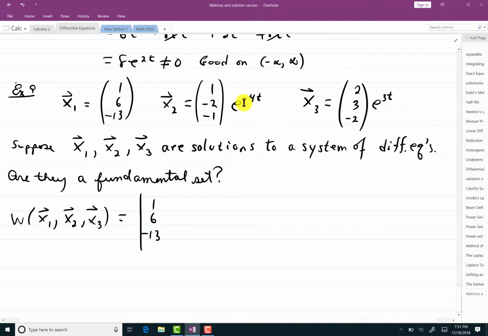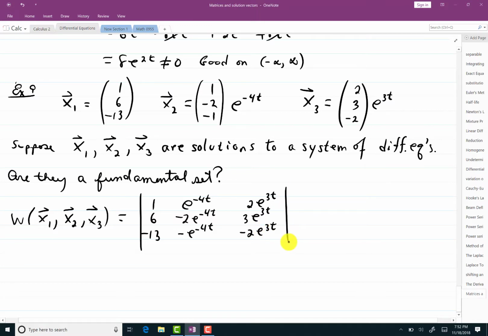Second column is not as nice because I got this e to the negative 4t attached. So I have e to the negative 4t, minus 2e to the negative 4t, minus e to the negative 4t. And then for the last column, I'll have 2e to the 3t, 3e to the 3t, and finally negative 2e to the 3t.